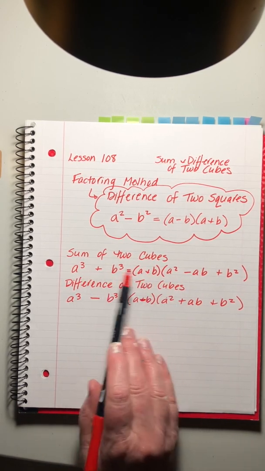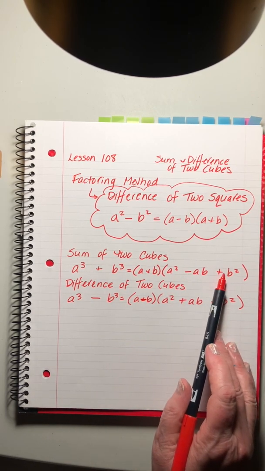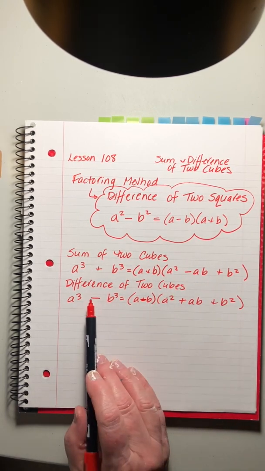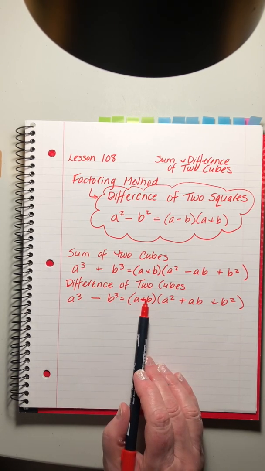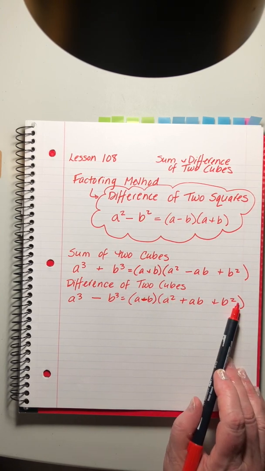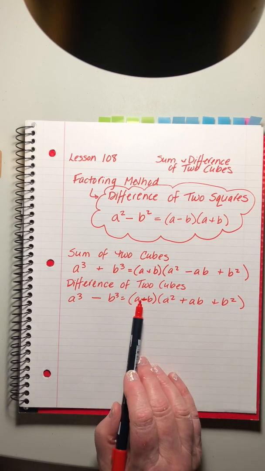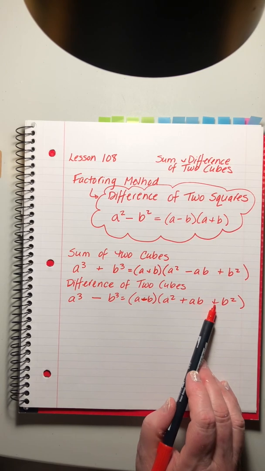We added so that it matched here, and then we mix it up with a minus sign, and then we go back to the positive. Down here, here's a minus sign. So in this first little binomial, look, it matches. Then when we go to this part, the letters are all the same. It's just the signs that go crazy. We started with a minus. Now we have a plus here. And then this is always a plus.